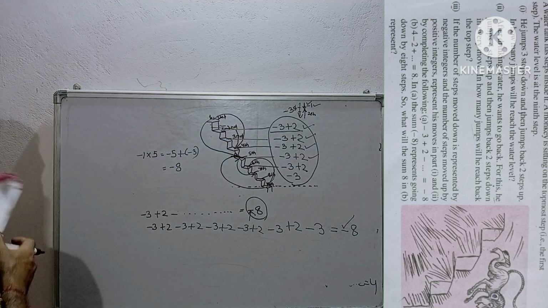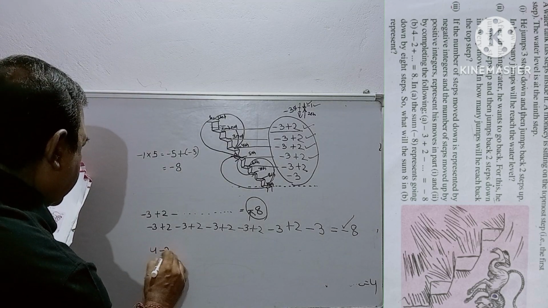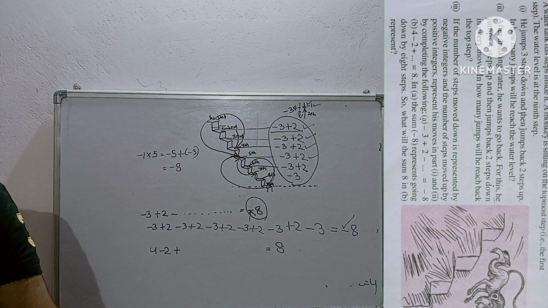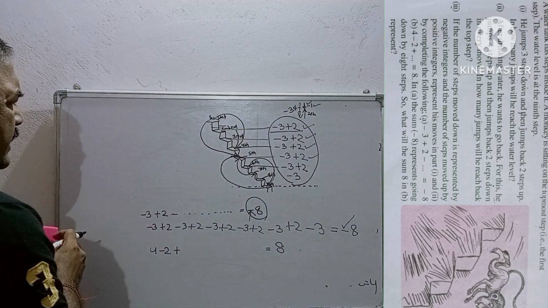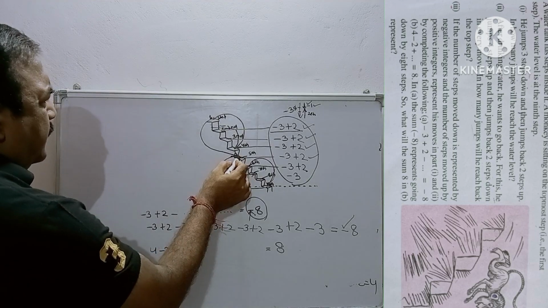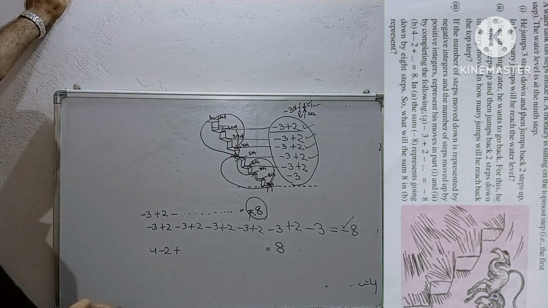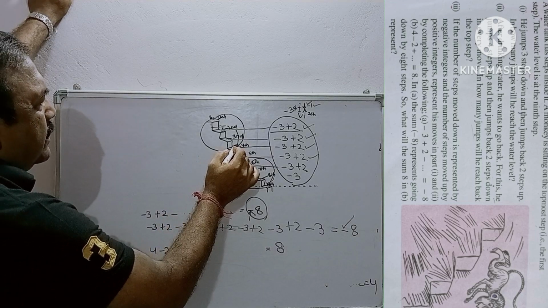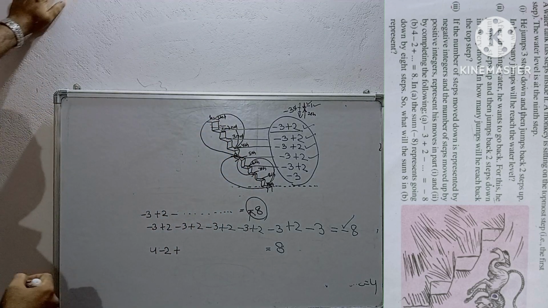And the next, 4 minus 2 plus dot dot dot is equal to 8. We will have to prove it. That means when the monkey returns after drinking water. You see here. And you see here from the 5th step, from the 5th step to the 1st step, there have been 4 steps.